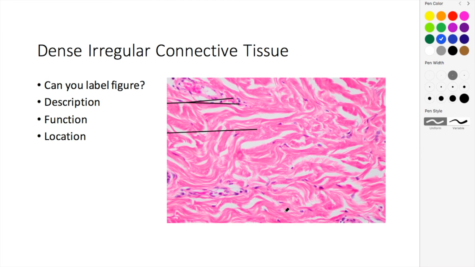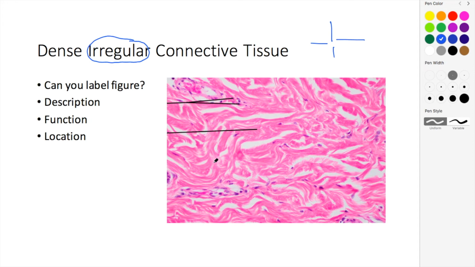Okay, so this is super good. Look here, dense irregular. Irregular means these fibers are not running in one direction. They are in multiple directions. One is going this way, another going that way, and this way. So this is an irregular one.